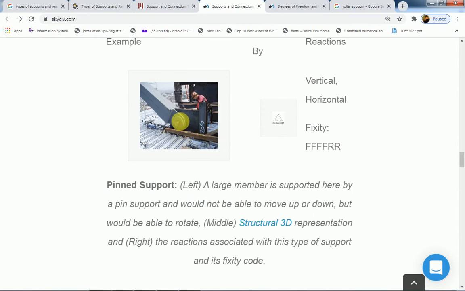For example, now tell me, this is x-axis and vertical is y-axis. Can this body rotate about x-axis? No, it is not going to move about x-axis. So it is also fixed about x-axis.